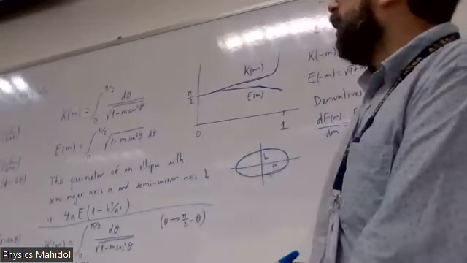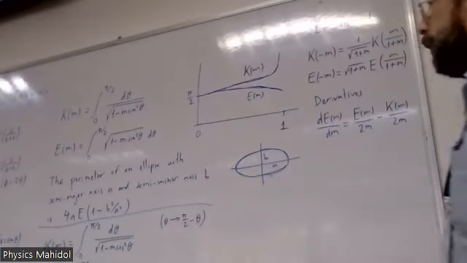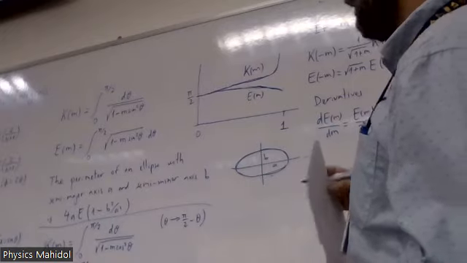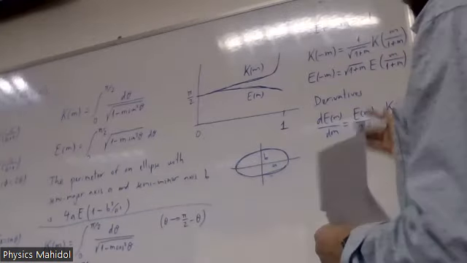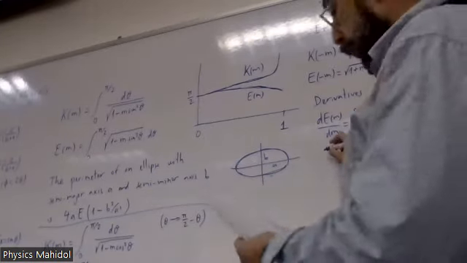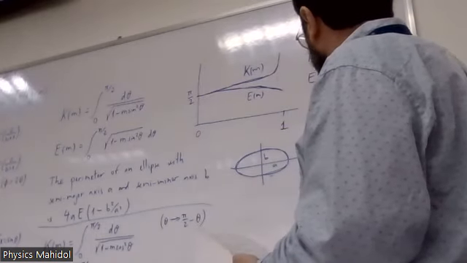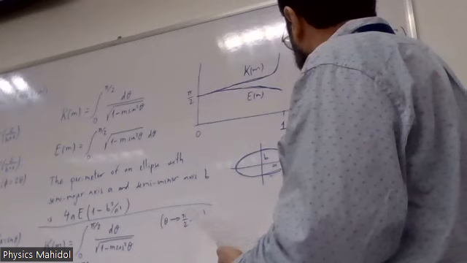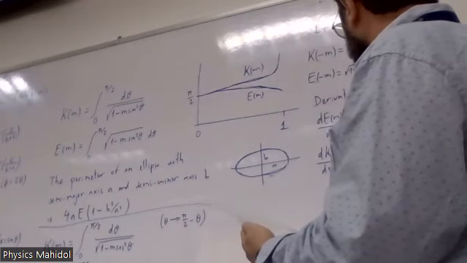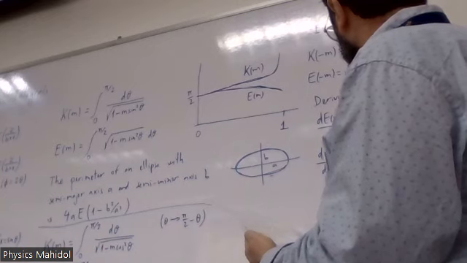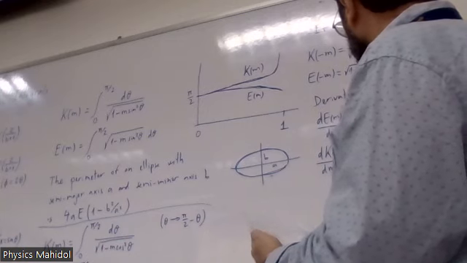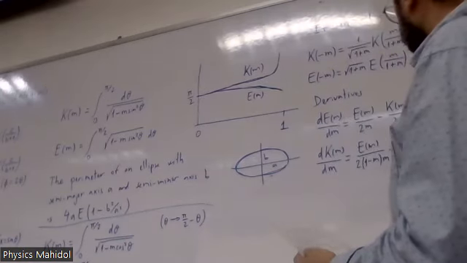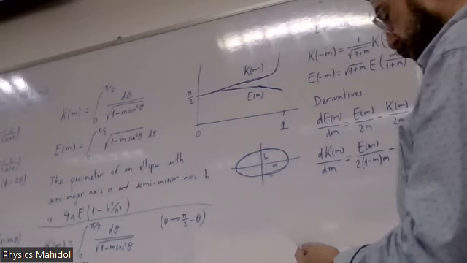But when you put here a b, you can differentiate under the integral sign and find an expression for the derivative of that function of m and b, and then evaluate it at b equal 1. And then you get this. For K, similarly, the derivative of K is E of m divided by 2 times 1 minus m times m minus K of m divided by 2m.